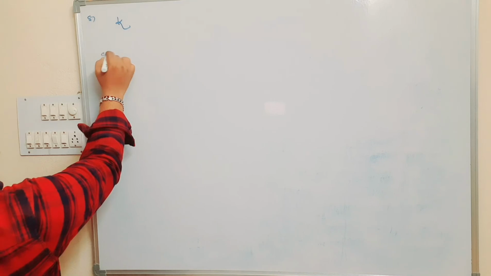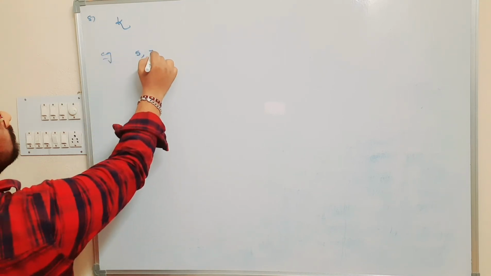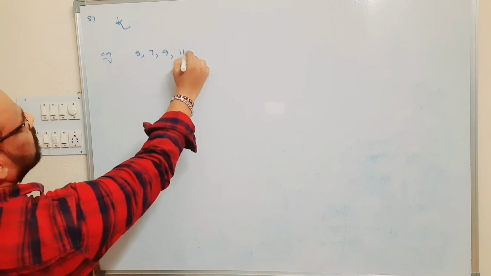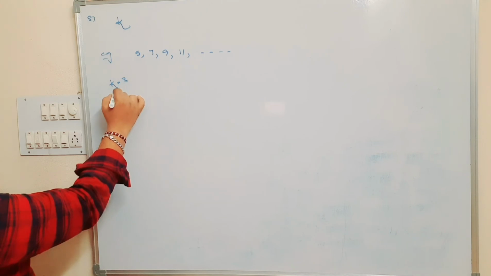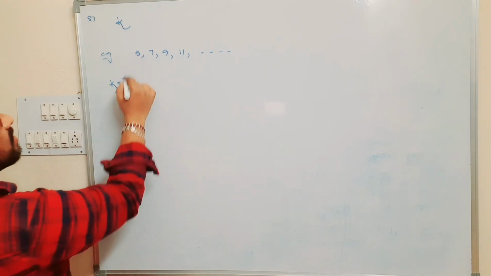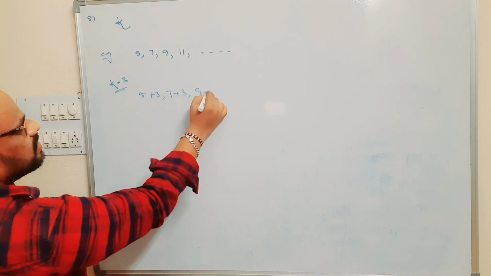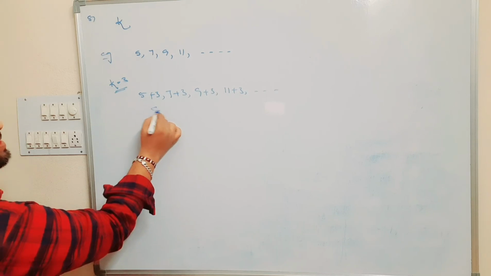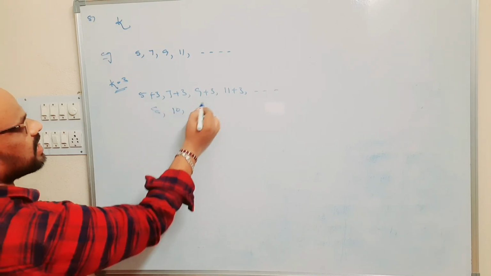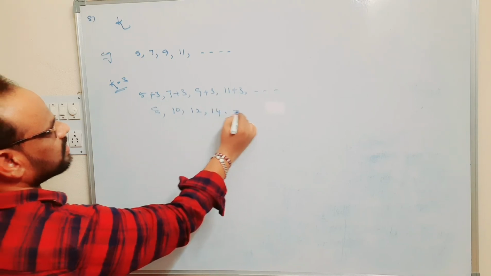Take one example: 5, 7, 9, 11 and so on. Take a k value, that is 3. If you add 3: 5 plus 3, 7 plus 3, 9 plus 3, 11 plus 3, and so on. 5 plus 3 is 8, 7 plus 3 is 10, 9 plus 3 is 12, and 11 plus 3 is 14, and so on.